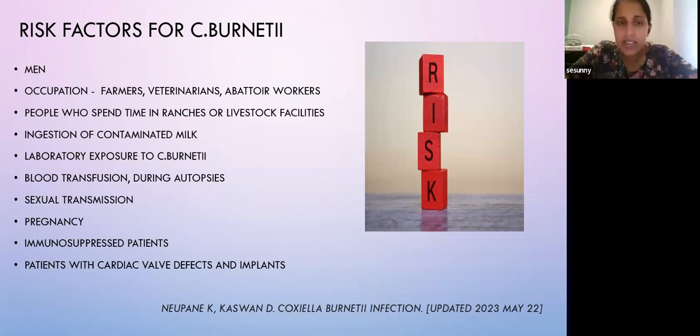There's also been a seasonal risk where the highest risk seems to be related to spring and summer times, and that may be related to livestock birthing or the manure spreading that occurs during those particular seasons. The last 3 risk factors here, pregnancy, immunosuppressed patients, and patients with cardiac valve defects and implants, are actually specific risk factors for chronic Coxiella infection.